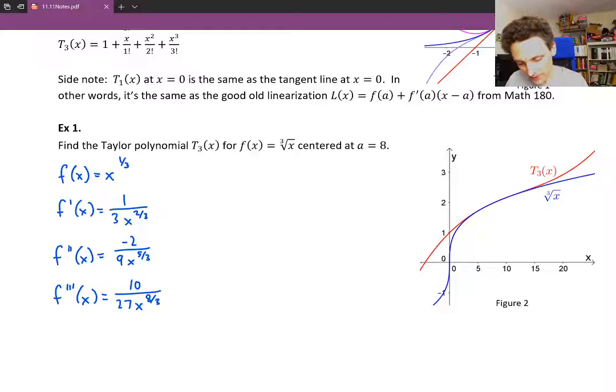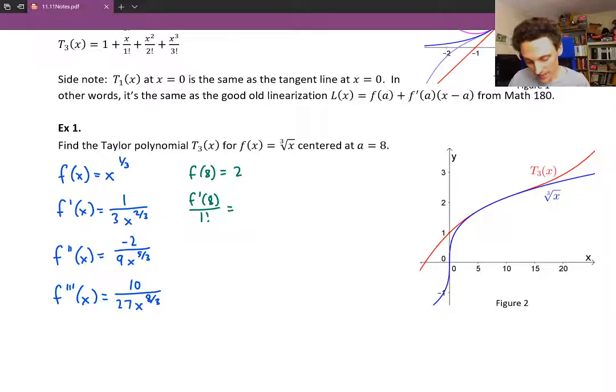So for the first one, it's just f of 8, which is 8 to the 1/3, the cube root of 8, which is 2. Okay, so then the next one is going to be f prime of 8 over 1 factorial. That'll be the coefficient in front of the x term, or x minus 8 term, I guess you could say.